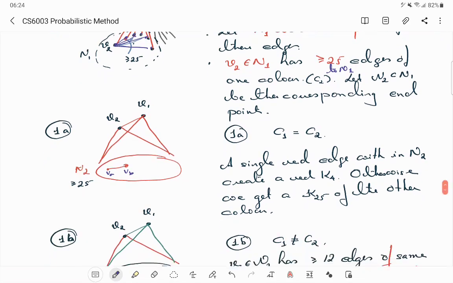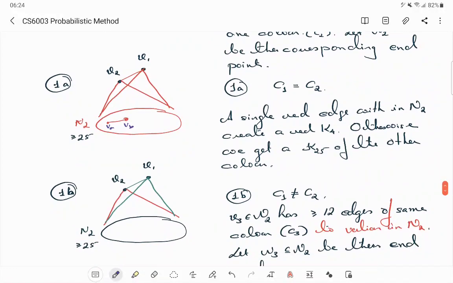If it was not so, if it turned out that when you looked at V2, this was V1, this was V2, right? So when I looked at V2, you did not get 4 edges even. But forget about whether it is 4 or 25.